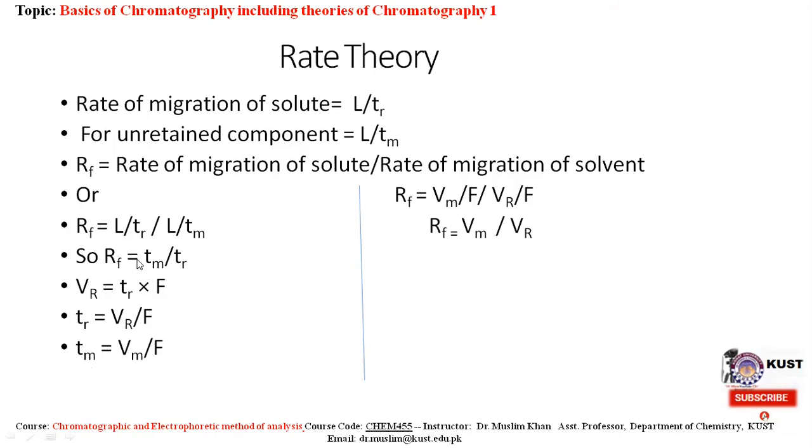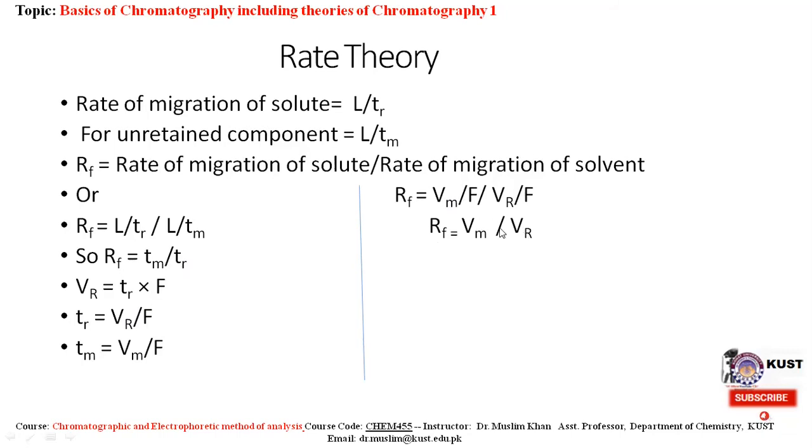Putting these two equations in equation number 3, Rf is equal to Vm divided by F divided by Vr divided by F. So F and F cancel each other, and Rf is equal to Vm divided by Vr. This equation is a very important equation.